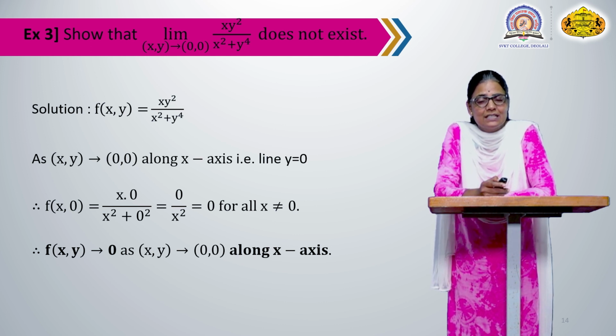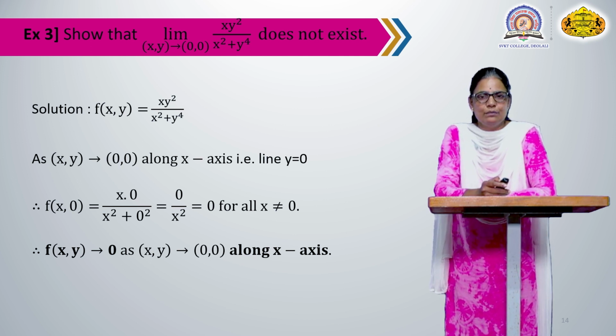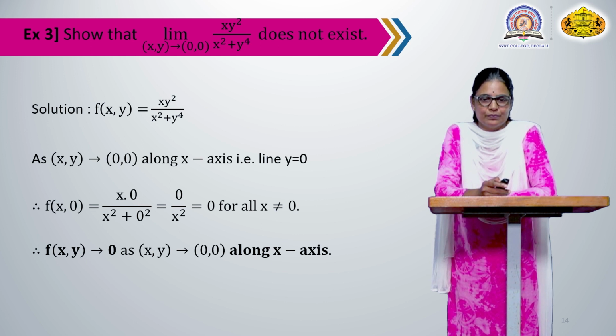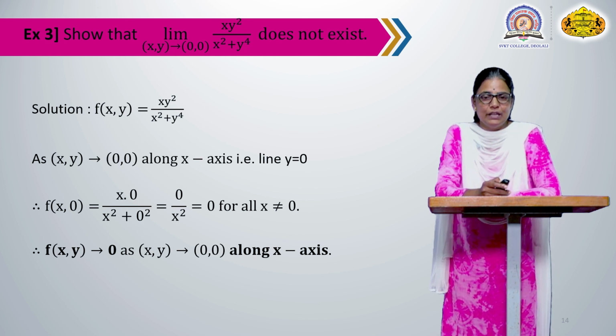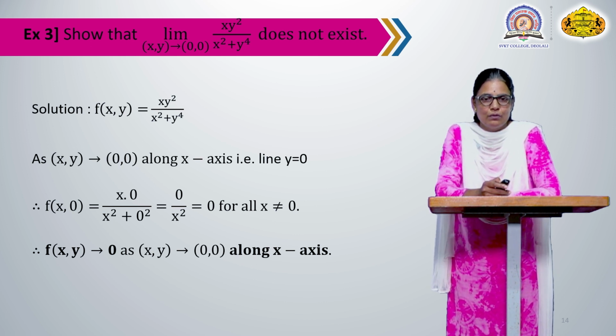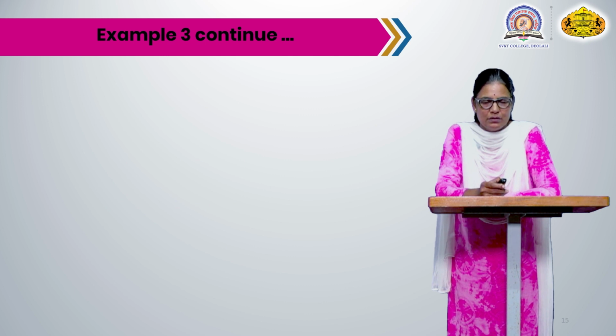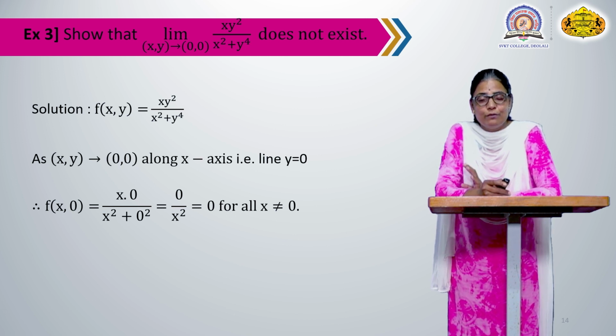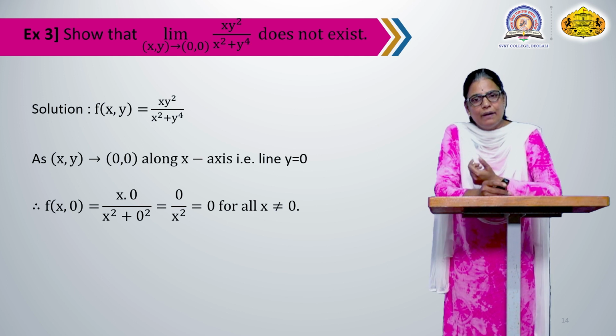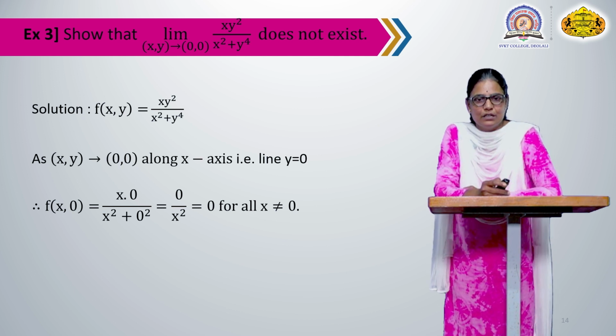So directly we can consider the path y equals mx, that is, a family of straight lines passing through the origin. Or simply, since we have already found the limit along the x-axis, we need another path, and here the degree of y is 2 times the degree of x. So instead of finding the limit along y equals x or x equals my, observe the degree carefully.